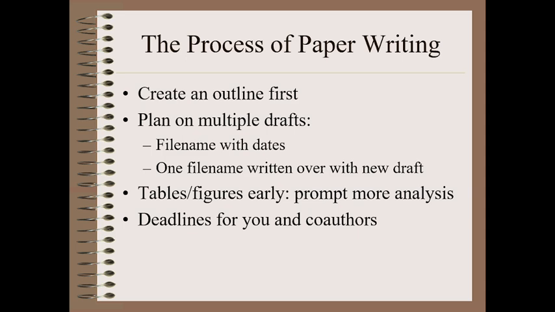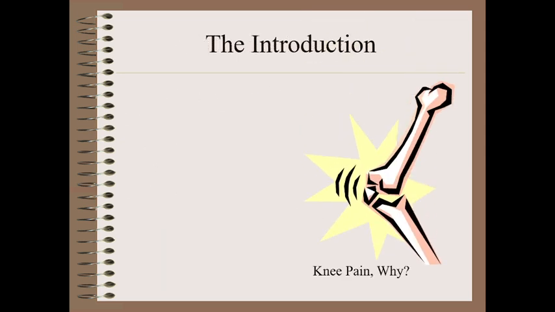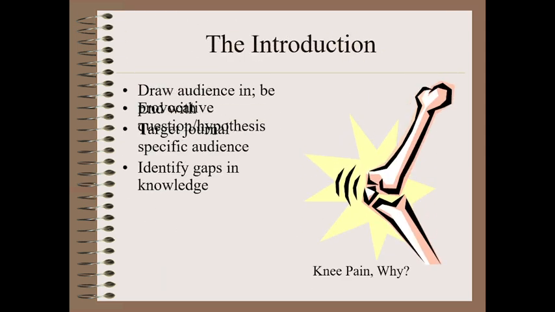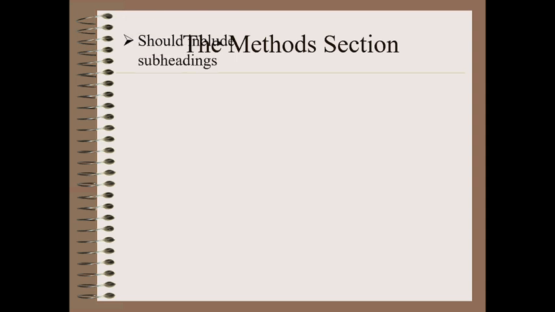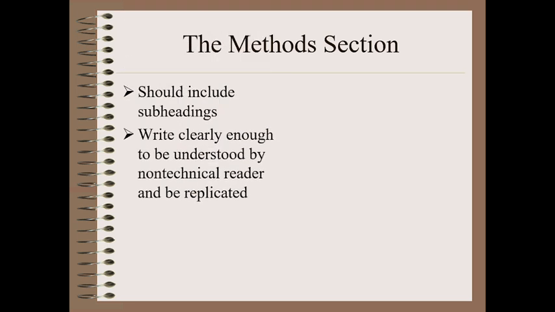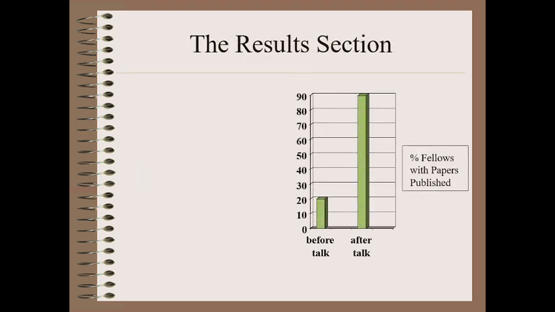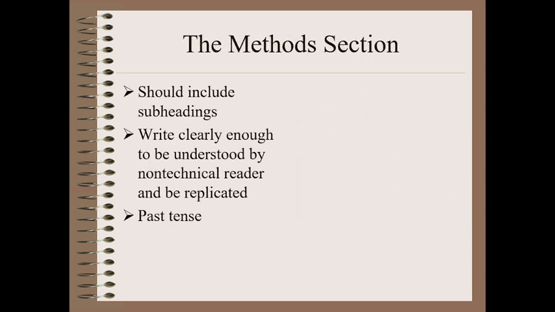The next section is the materials and methods section. In this section, you should include subheadings like materials, where you purchased the material and what the purity of the material was, and the methods, what methods you used.